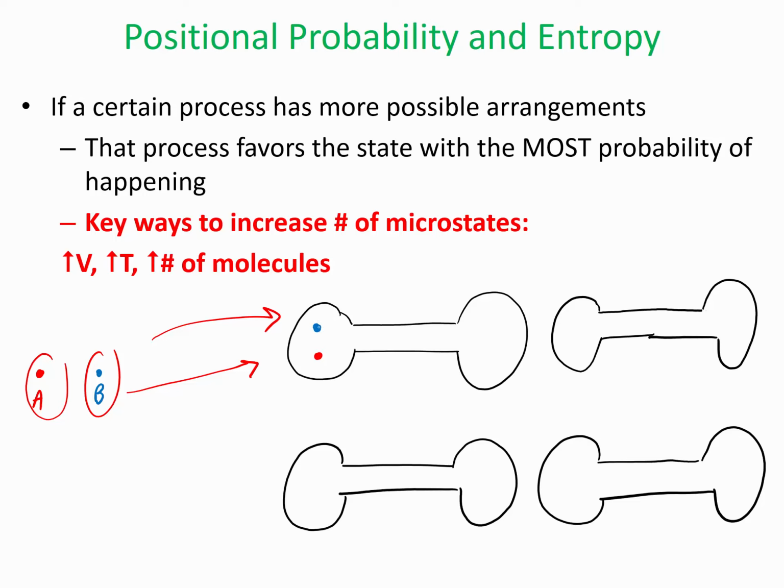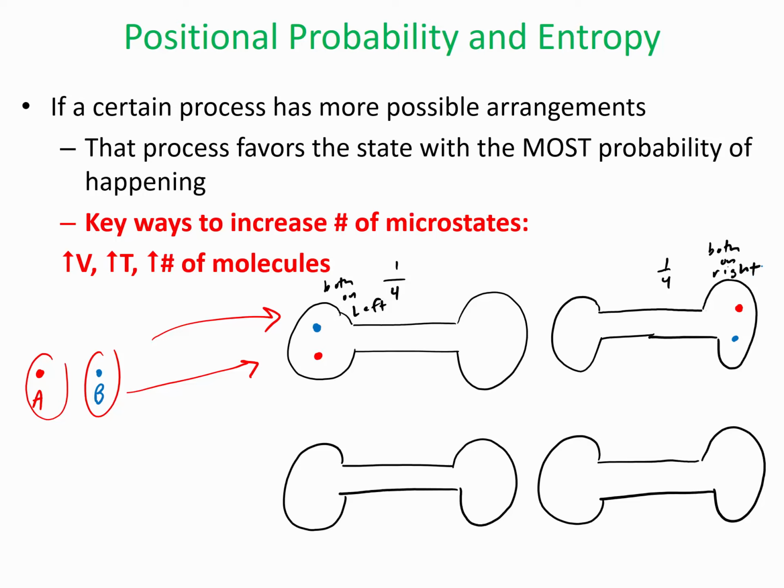There's only one possible arrangement of that: one out of four where they're both on the left, and one out of four where they're both on the right.